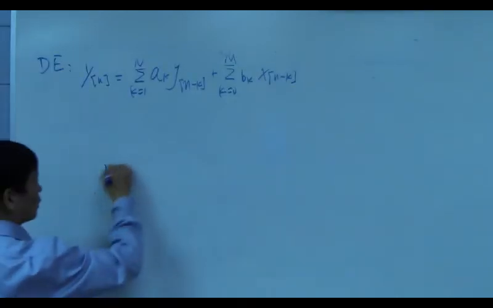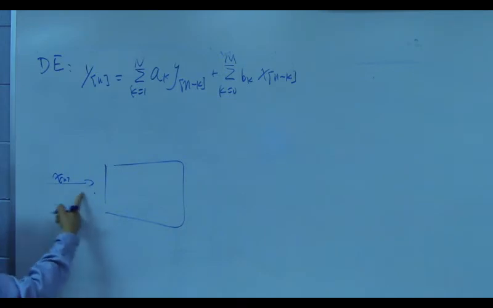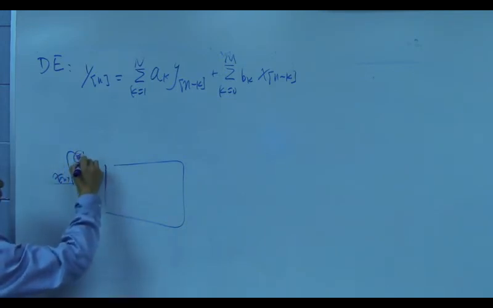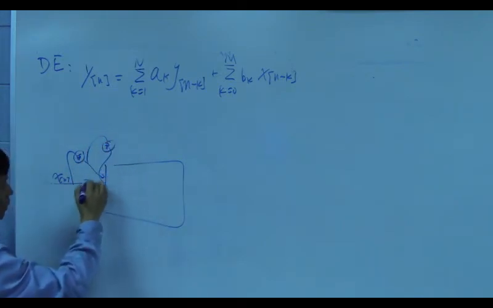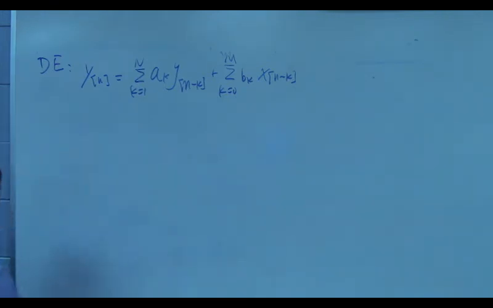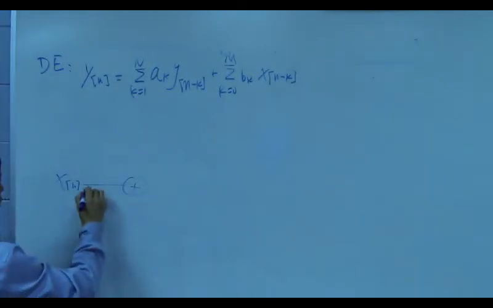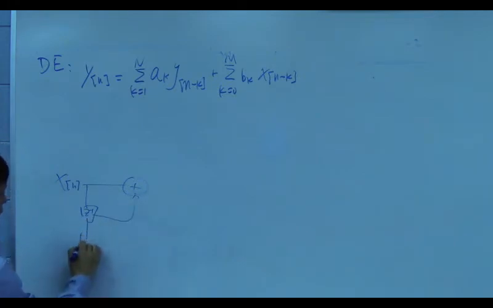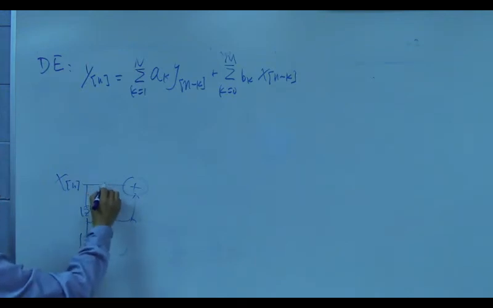Something like this. We have this system here. You have an x[n] here. You may input this one directly, or you may delay it by some time and then bring it back to here, or you may even delay more and then go back to here. Anyway, all of this adds up together. So you have x[n], and this is the sum, and you delay by 1 second and go back to here, and you delay another time, then go back to here, then maybe we need to multiply by some coefficient.